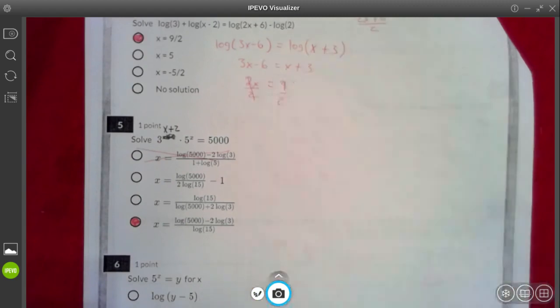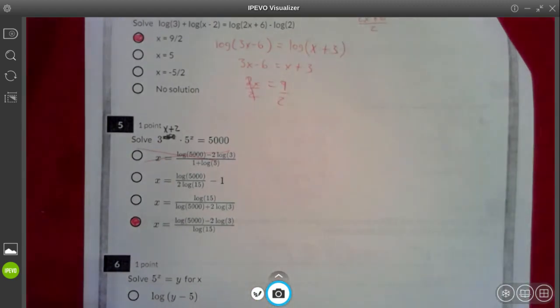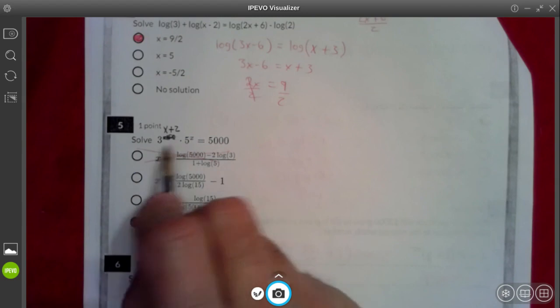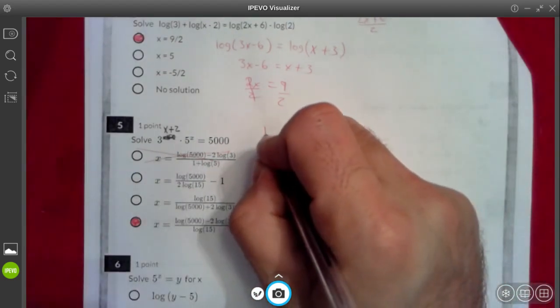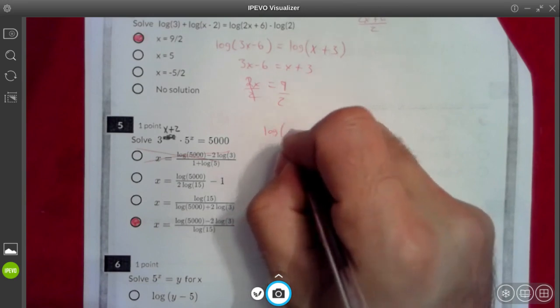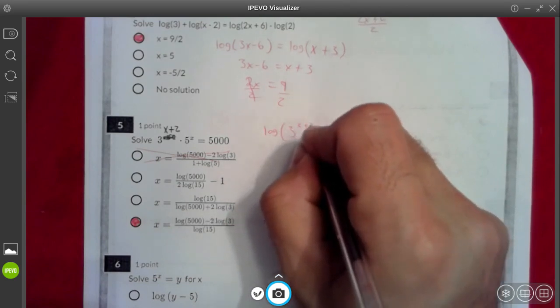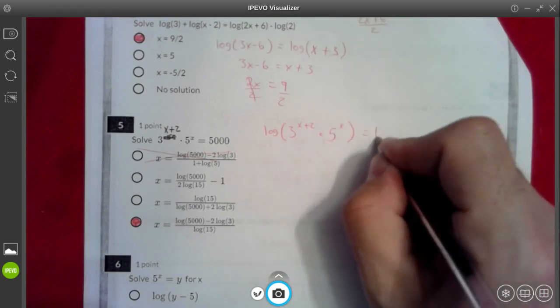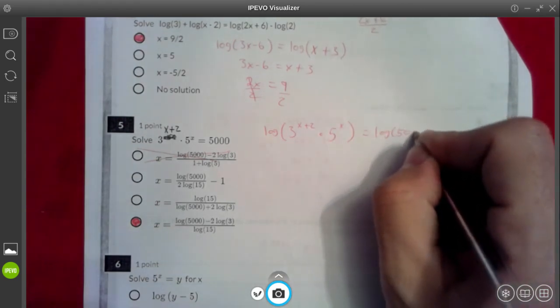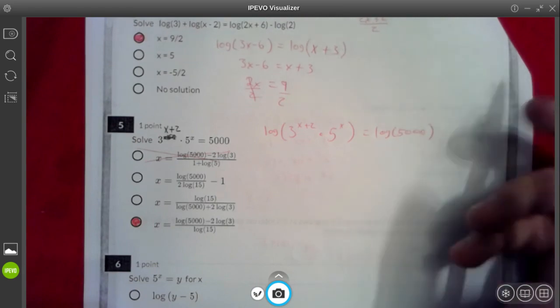All right, let me go through and I'll show you how to properly work it out. It takes forever. This is the longest one. We're going to take the log of both sides. So log of 3 to the x plus 2 times 5 to the x is equal to log 5,000. Okay.